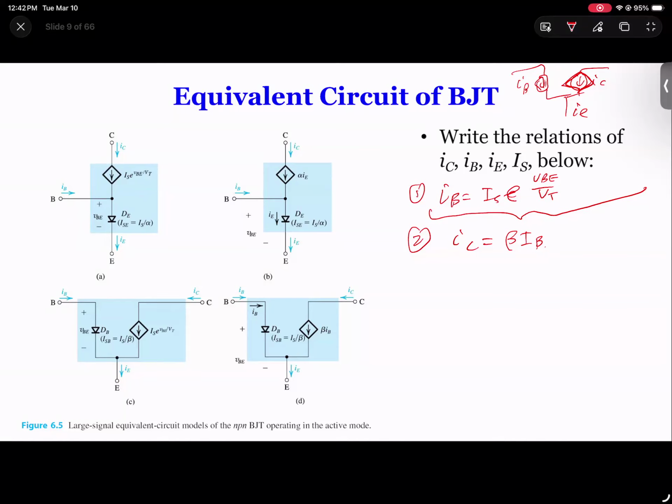The first model says you get IB coming in, and flowing down is IE. So IE is IS divided by alpha, times e to the VBE over VT, across the base-emitter junction.